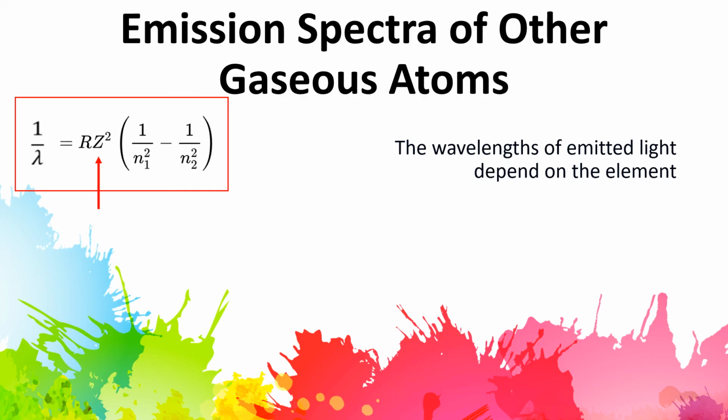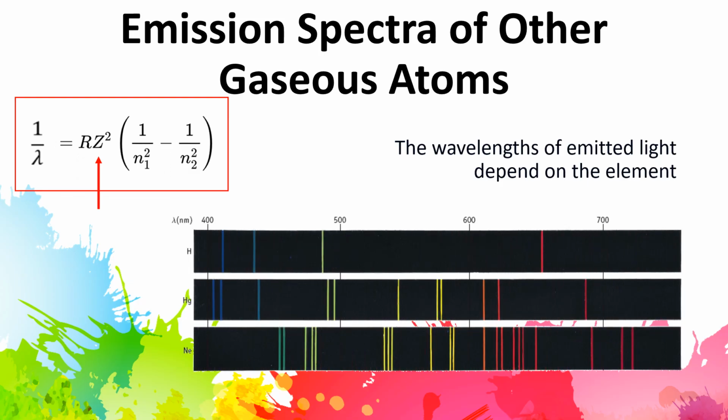For example, helium is 2, and other atoms also have different Z values, and particular elements have their own Rydberg constants. Here in this image you can see first the hydrogen spectrum, the second the mercury spectrum, and the third the neon spectrum. They are different due to the different energy levels of the electrons.